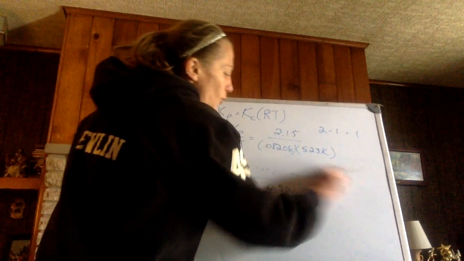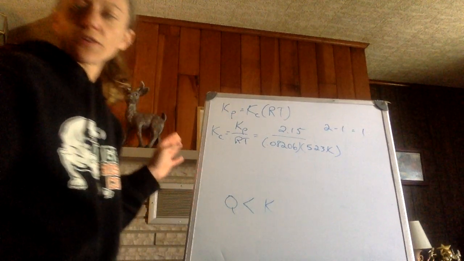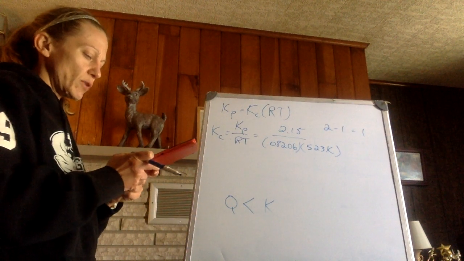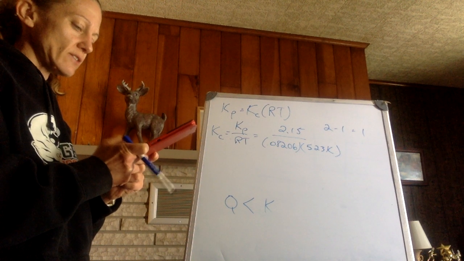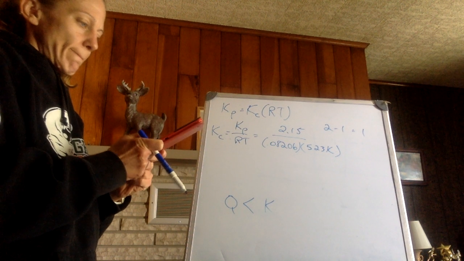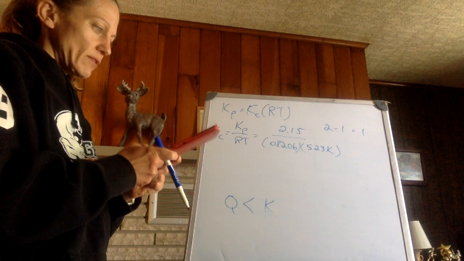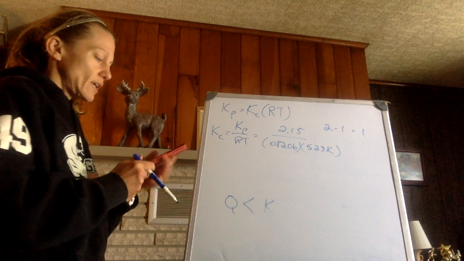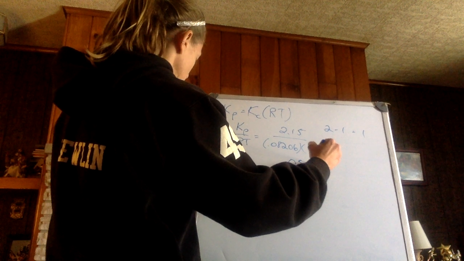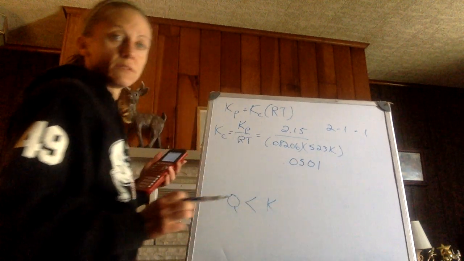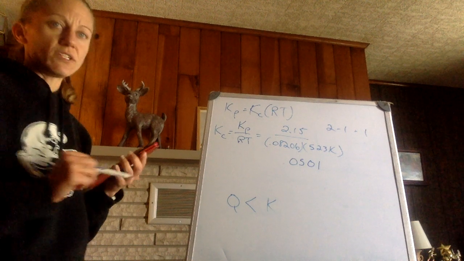When I solve for this, just enter in the calculator: 2.15 divided by 0.08206 and 523 gives me 0.0501 for my Kc from Kp.